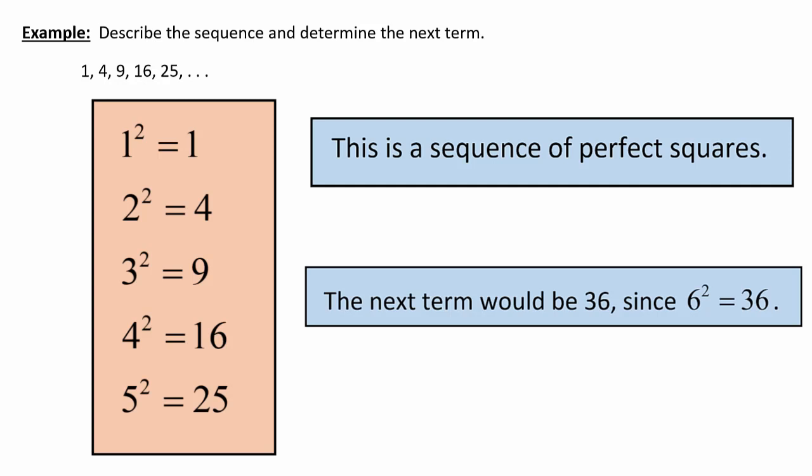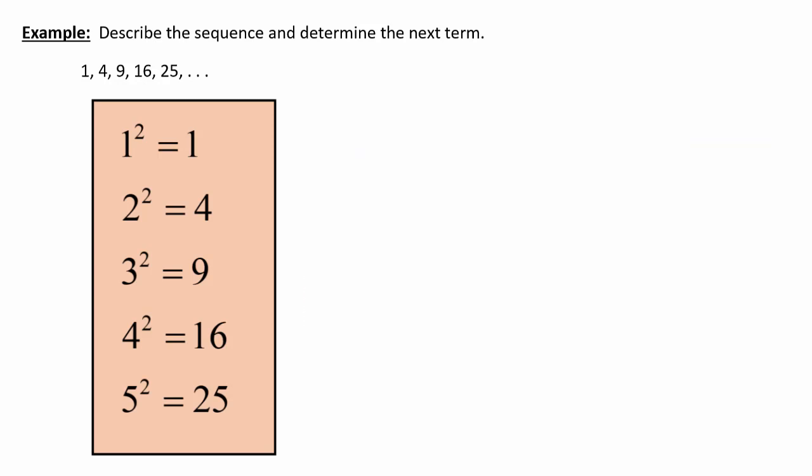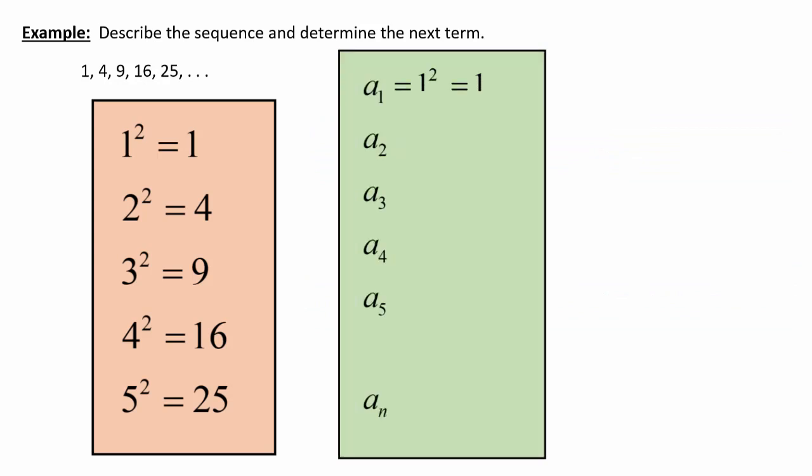There's another thing that we can do for this pattern. We can actually determine a formula for the terms in this sequence. Let's use the notation we described earlier. So a sub 1 is 1 squared, a sub 2 is 2 squared, a sub 3 is 3 squared, a sub 4 is 4 squared, a sub 5 is 5 squared.